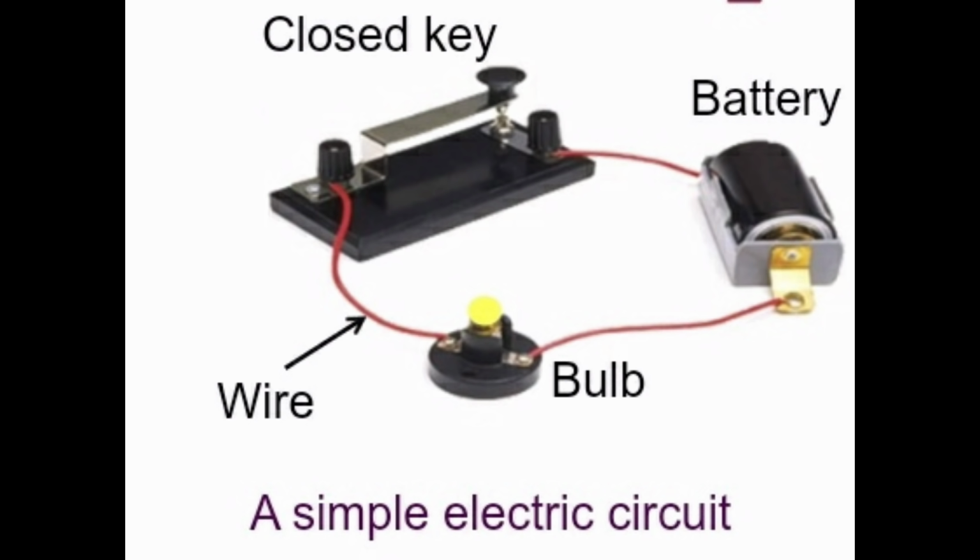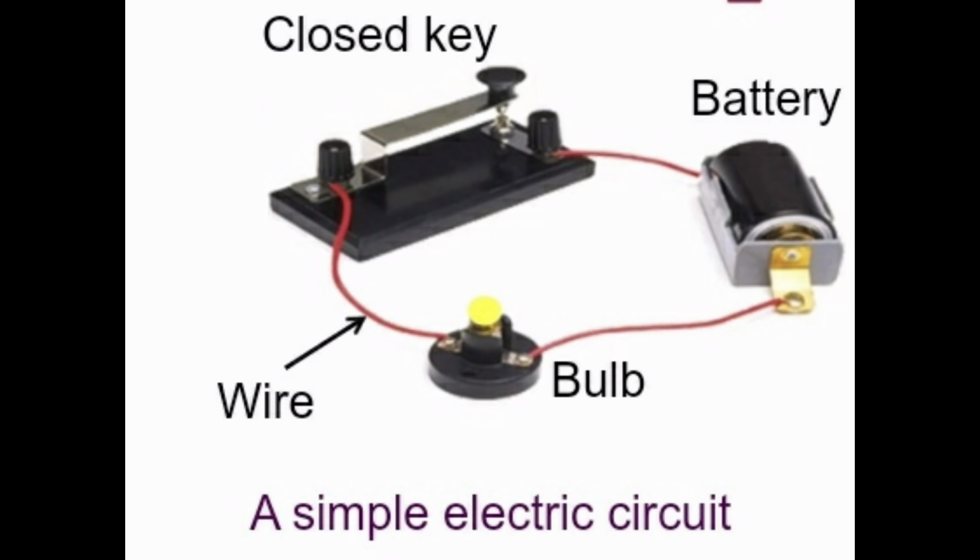It consists of electric devices such as a cell or a battery, a bulb, a closed key, and the copper wires that are connected with the help of a switch, open or closed. Here this is a simple electric circuit which is closed, where you can find the bulb glowing.